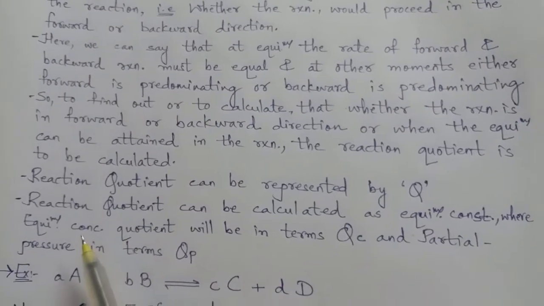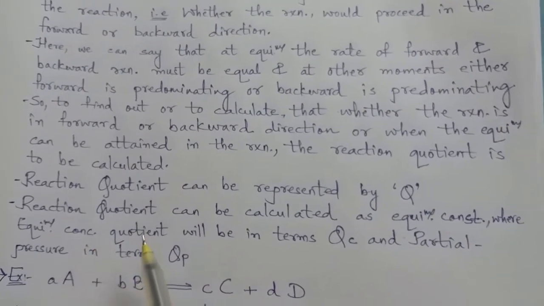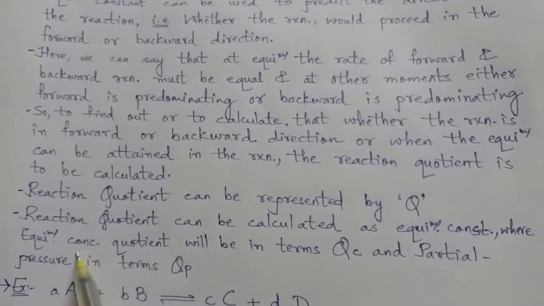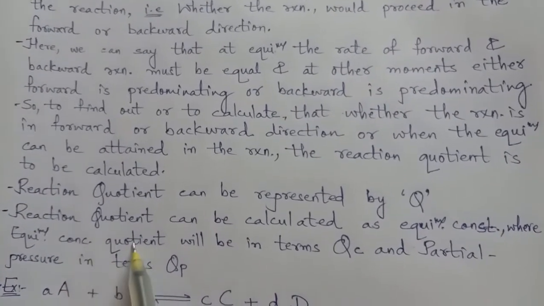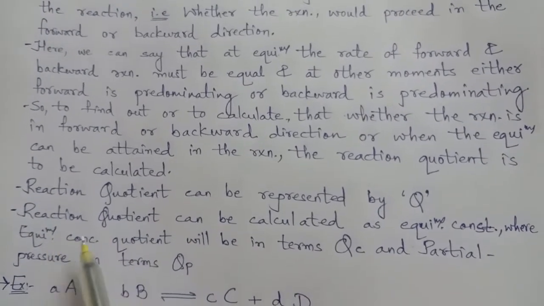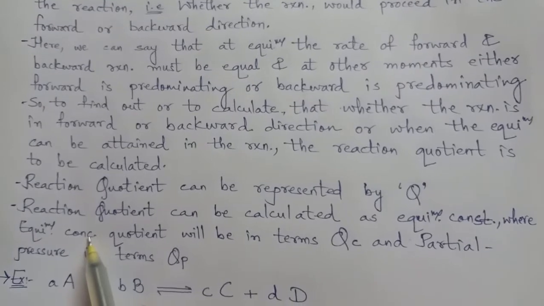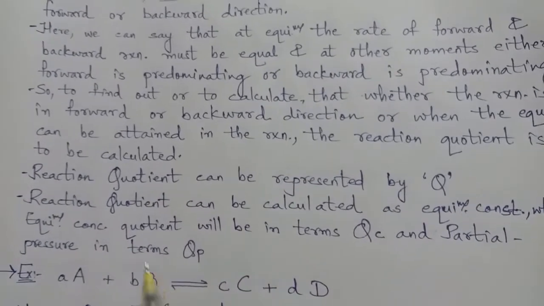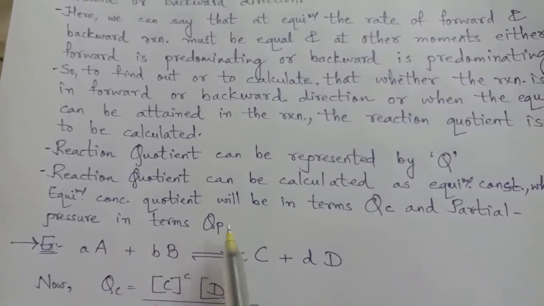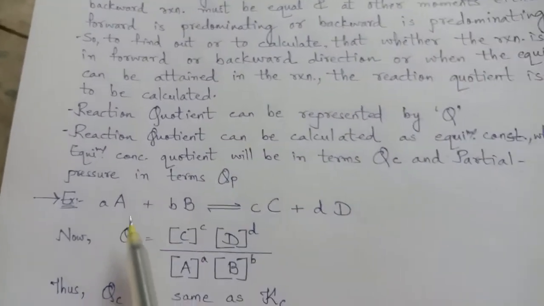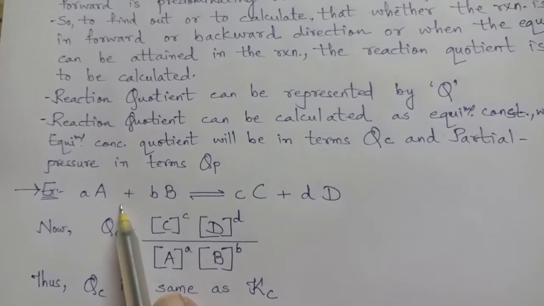The quotient is capital Q, and in terms of concentration it is termed Qc, and in terms of partial pressure it is termed Qp.